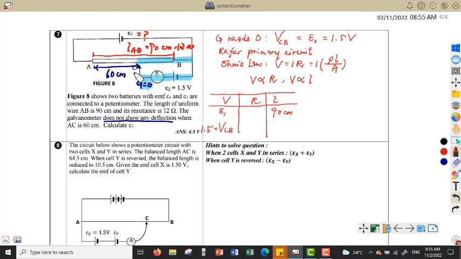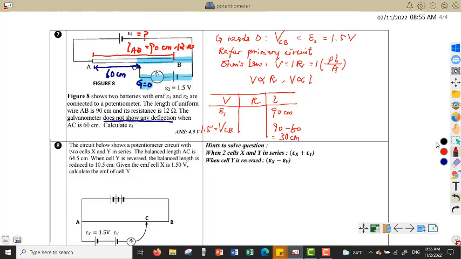So at that time, our length will be 90 minus 60. Be careful, the portion of the wire whereby the G reads 0 is from C to B, not A to C. So it will be equal to 90 minus 60, 30 cm.